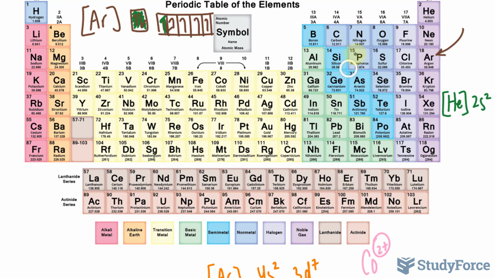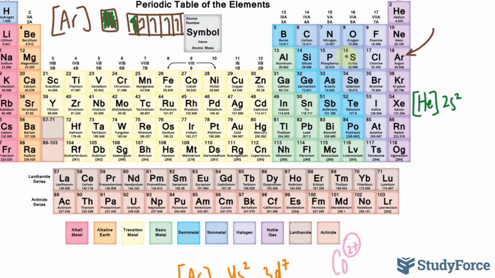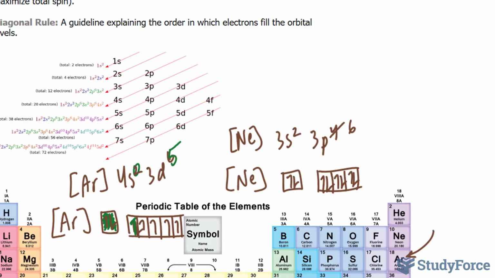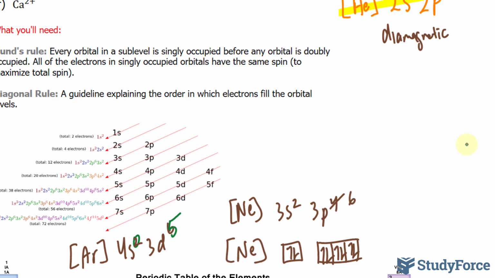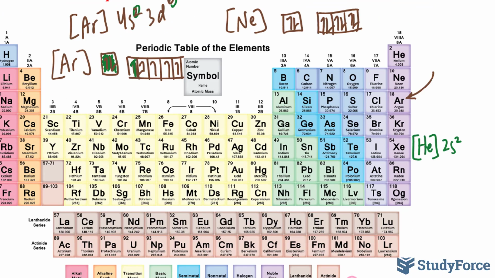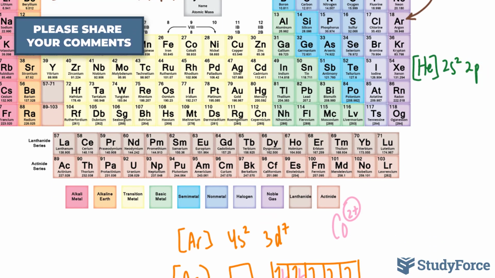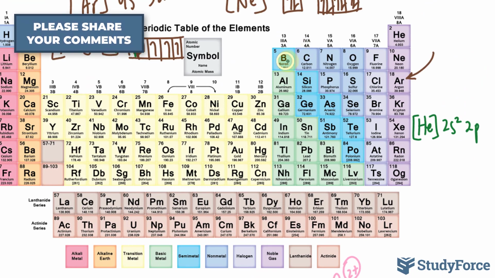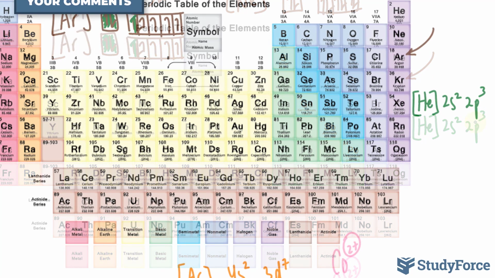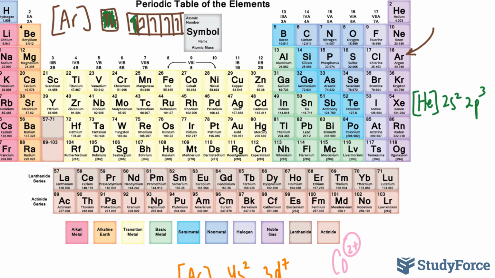It's found in the p block. This is the p block, d, s, and f. Because it's found here, after 2s, according to the diagonal rule, comes 2p. So we'll write down 2p and 1, 2, 3. Let's create the orbital diagram before we acknowledge that it has gained 3 electrons.